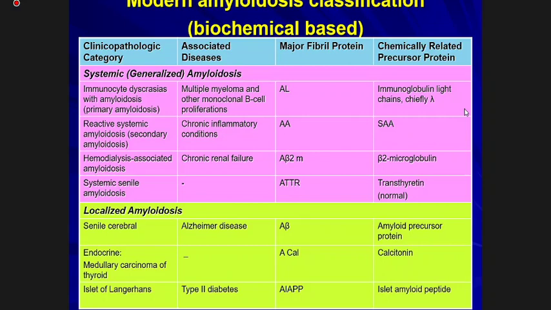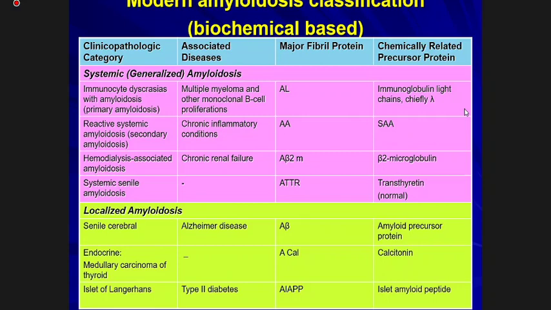The normal form of transthyretin in huge amounts can be deposited as ATTR fibril protein or amyloid and form systemic senile amyloidosis. Senile, because it occurs in the elderly. Okay, those are the main four types of systemic amyloidosis.